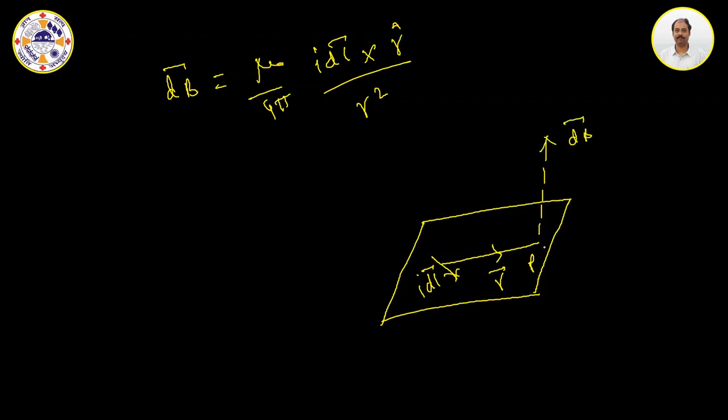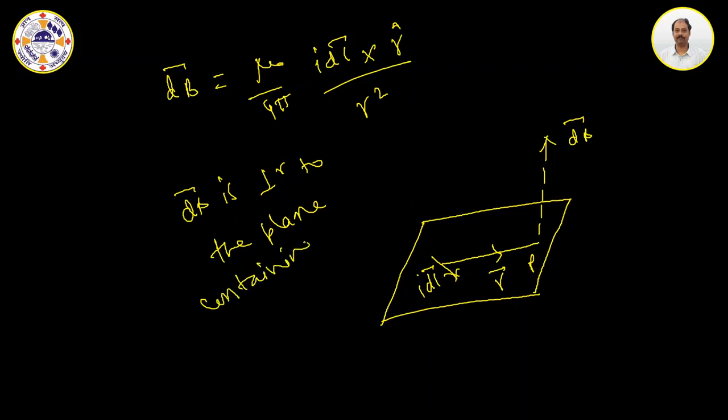Remember, dB is perpendicular to the plane containing dl and r. This is a very important idea. From this expression, here the value of mu 0 is 4 pi into 10 to the power minus 7 Weber per ampere.